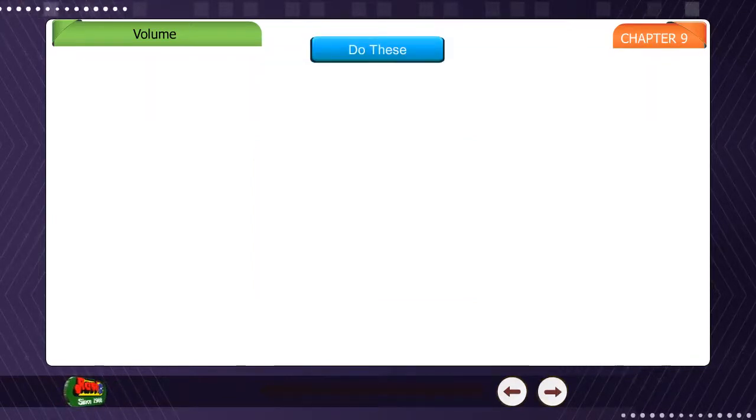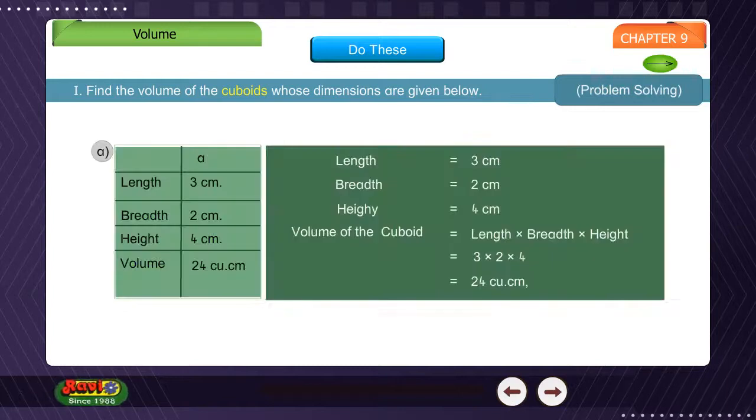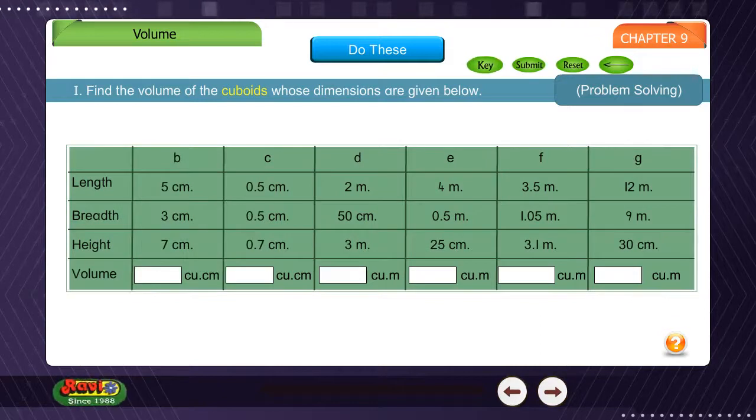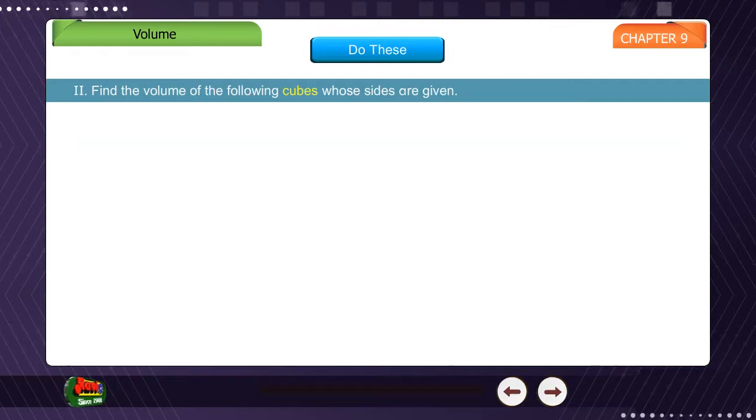Do these. 1. Find the volume of the cuboids whose dimensions are given below. Problem solving. 2. Find the volume of the following cubes whose sides are given.